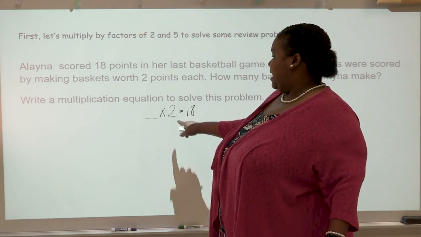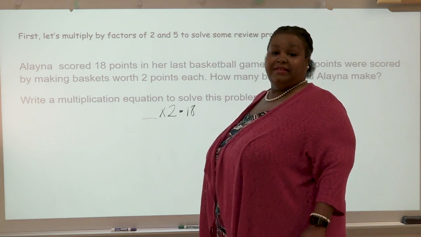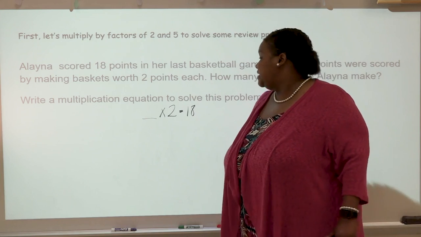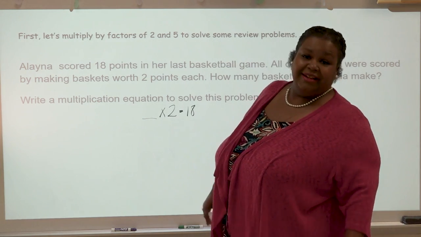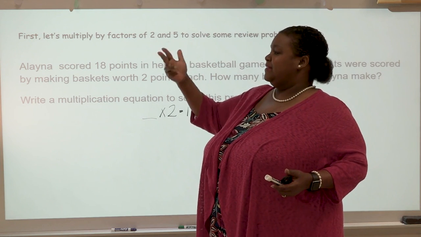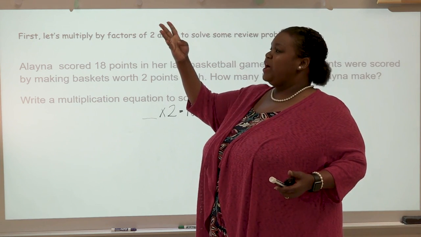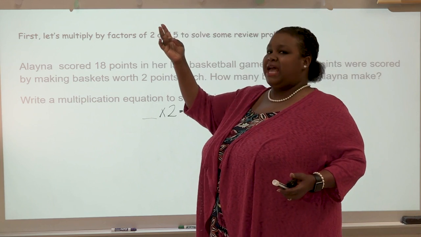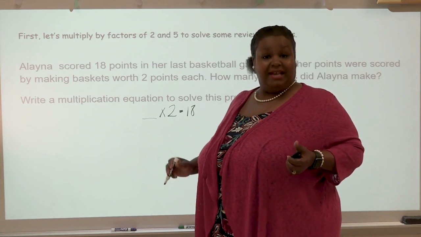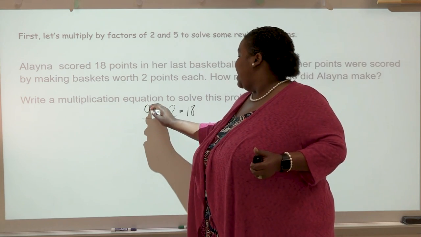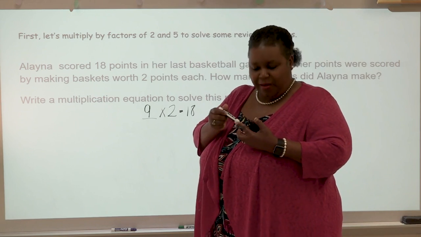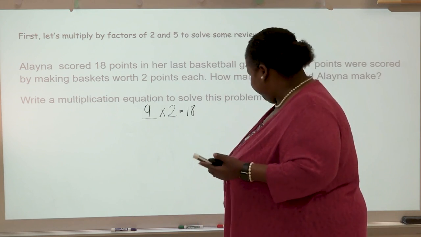I can do that by skip counting by 2 to get to 18. Can you do it with me? How many 2s does it take to get to 18? Let's see. 2, 4, 6, 8, 10, 12, 14, 16, 18. I skip counted by 2 9 times. 9 times 2 equals 18. Good job. We're off to a good start this morning.